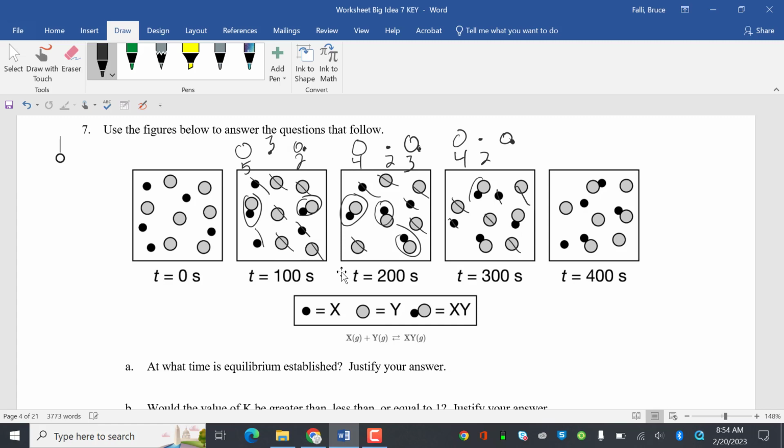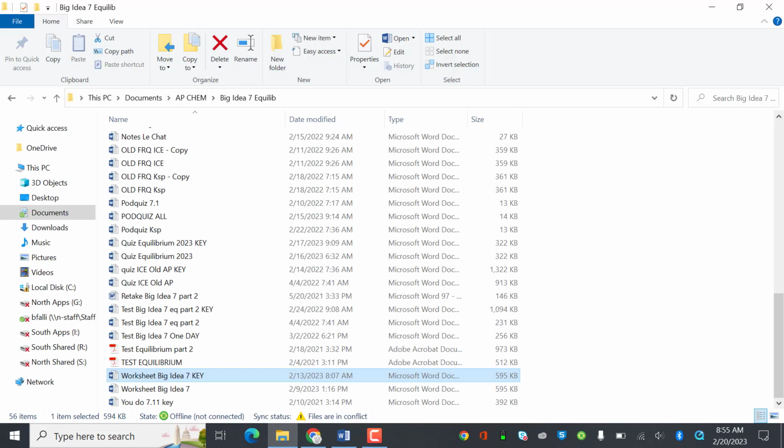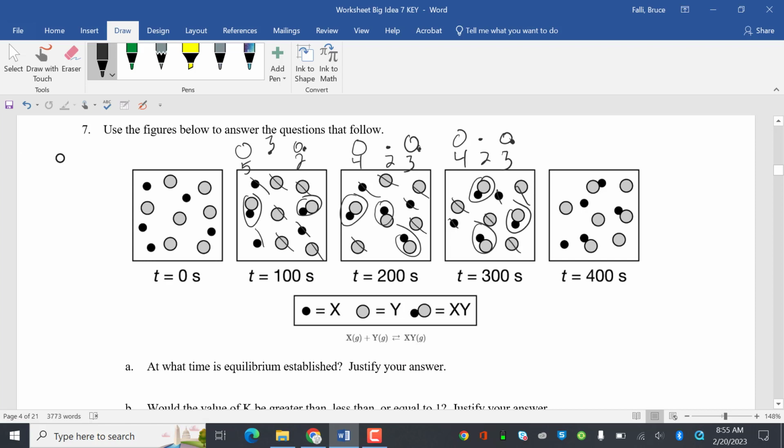That's the same. 1, 2, 3. That's the same. So what time is equilibrium established? 200 seconds, because molarities are constant at 200 and after.